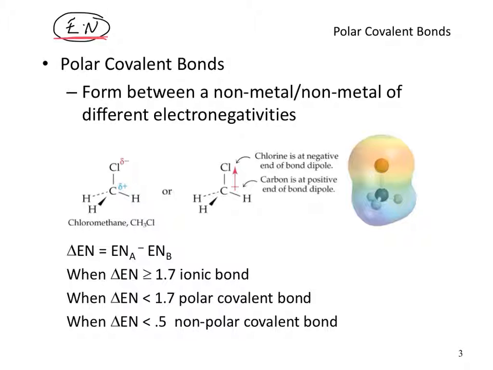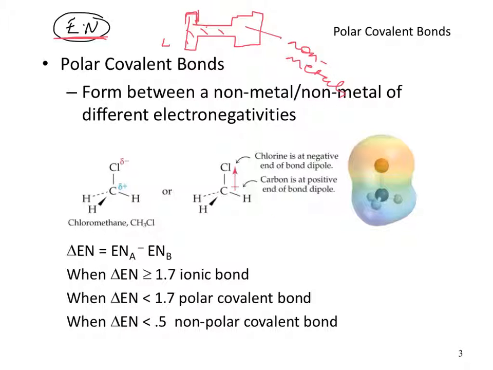What is electronegativity? On your periodic table, you have the left side, which is where all the metals are, and the right side, which is where all the non-metals are.